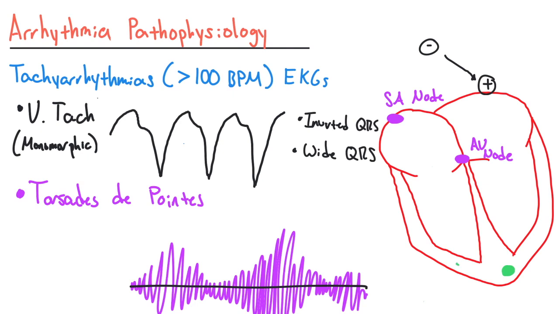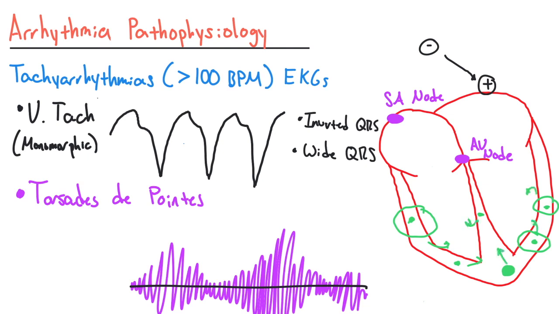And finally, once again, for torsades, we have many of these different areas, and we have many dispersions of refractoriness. So many of these different areas are refractory to different lengths of time, etc. And these are all going to fire in a very chaotic fashion.